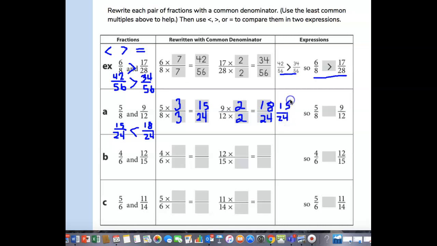Okay, this is a 15 is less than 18 24ths. So 5/8 is less than 9/12. Okay?